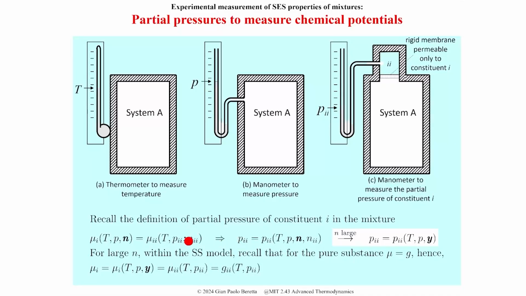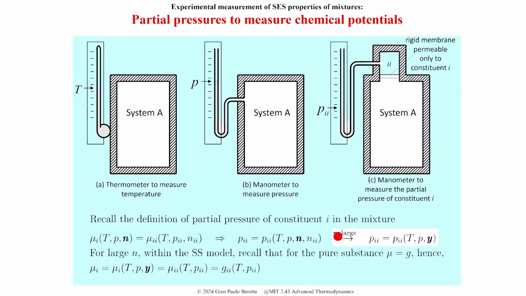Here I kept the dependence on the amount, because for small systems you also have this dependence, even for the pure substance. But for large amounts, that drops, and then you can solve this equation and evaluate the partial pressure as a function of the other variables, which are temperature, pressure, and the amounts in the mixture.